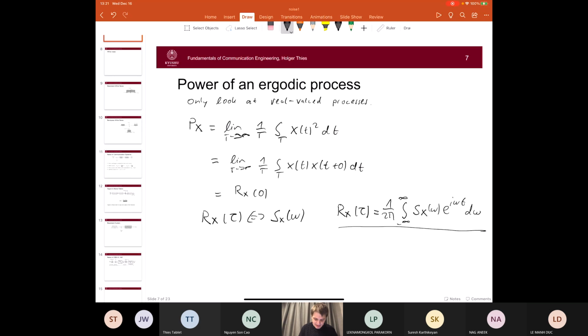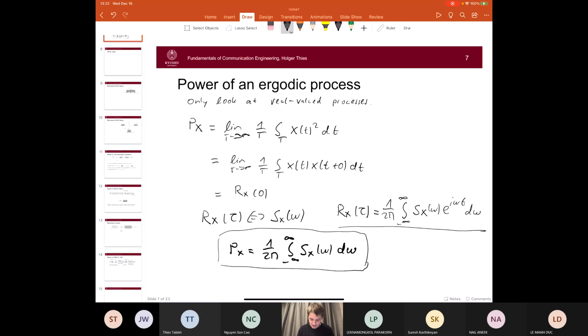And then using that the power is just the autocorrelation function at time 0, for tau equals 0, we can write the power as 1 over 2 pi times the integral of the power spectral density. Right, so instead of computing the power in the time domain, we can always compute the power in the frequency domain using this formula.